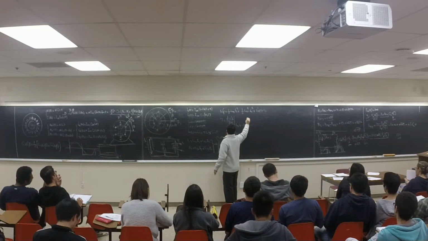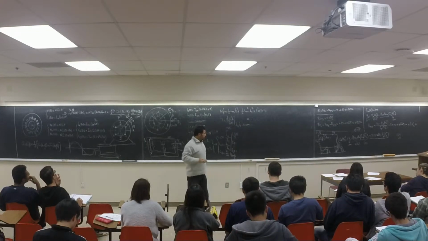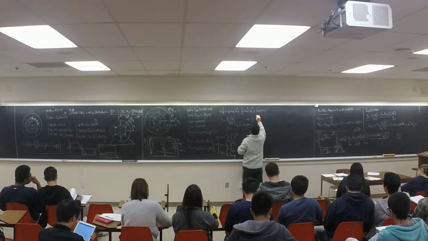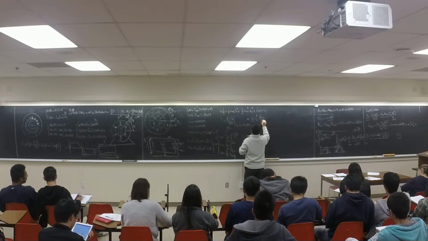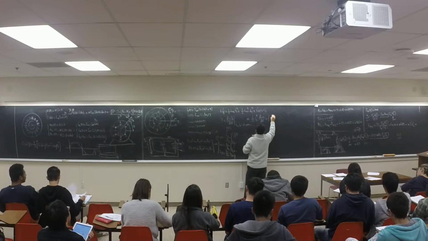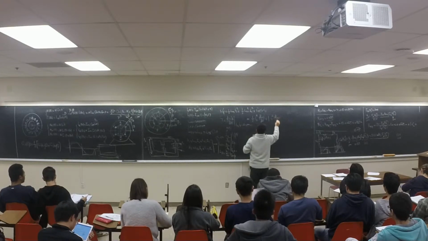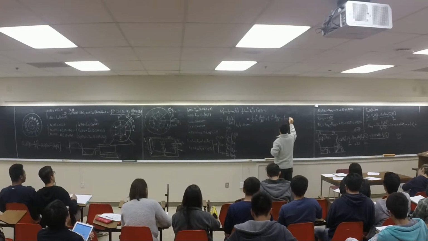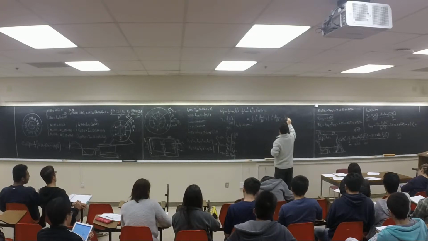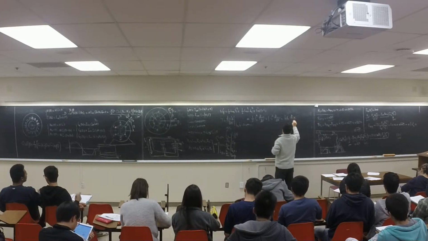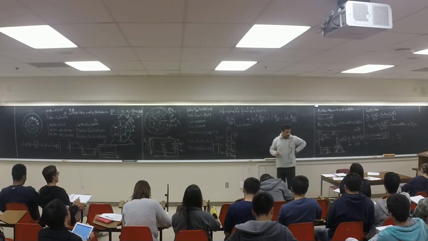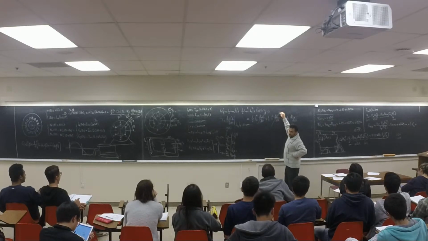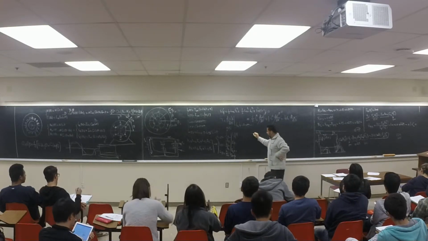We said these currents are constant, so it's going to be half of IS squared dLSS over d theta plus half of IR squared dLRR over d theta plus IR IS dLSR over d theta. How much is this one? Zero.